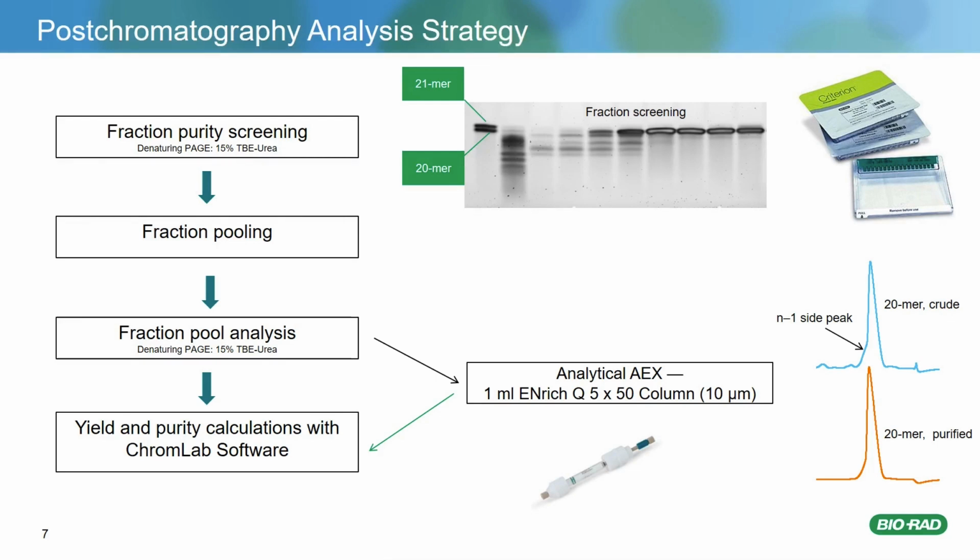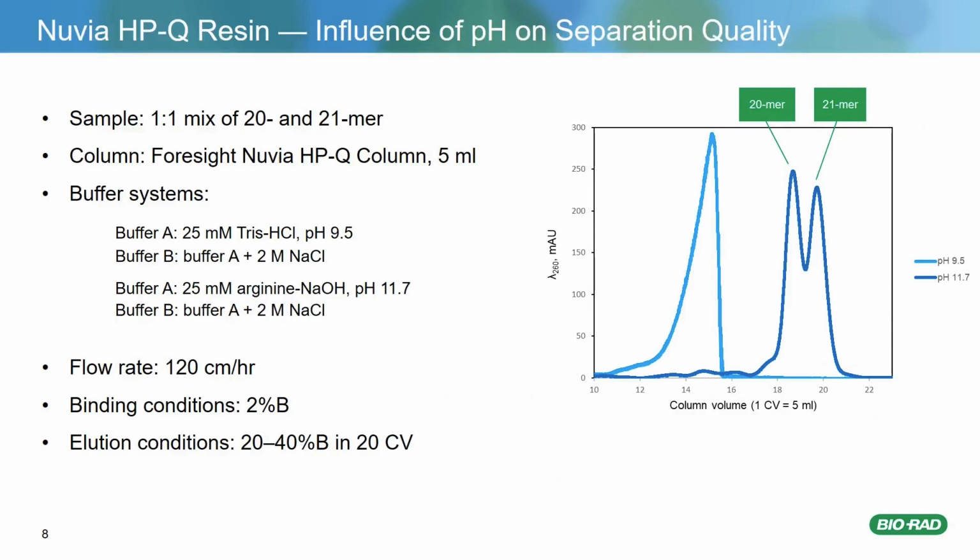Pooling is then done, and then further analysis of the fraction pool is done, again using the denaturing PAGE gels and also an analytical AEX, which is a 1 ml Enrich Q column. And you can see over on the right a chromatogram off the Enrich showing the crude 20-mer with that N-1 side peak, and then in the orange is the purified, where that side peak is no longer present.